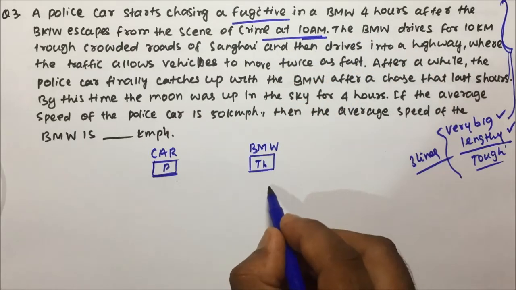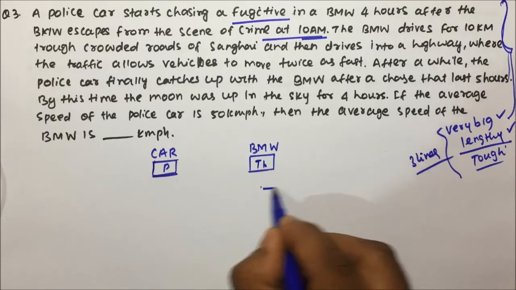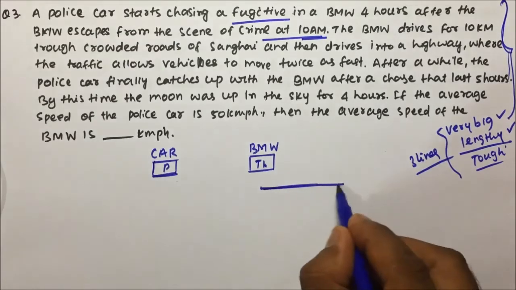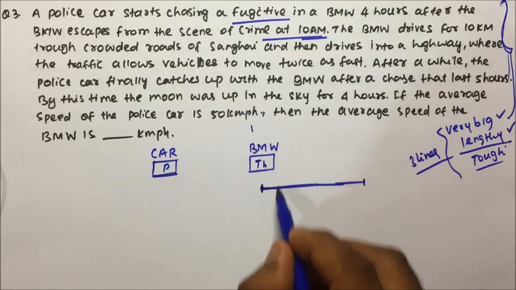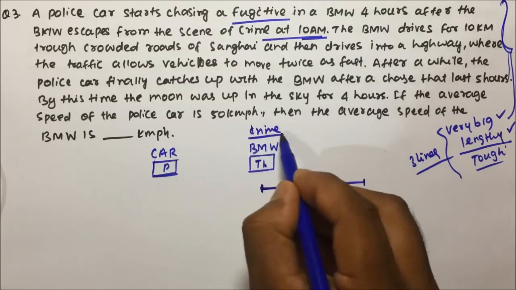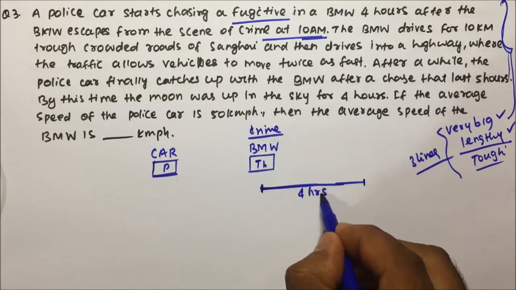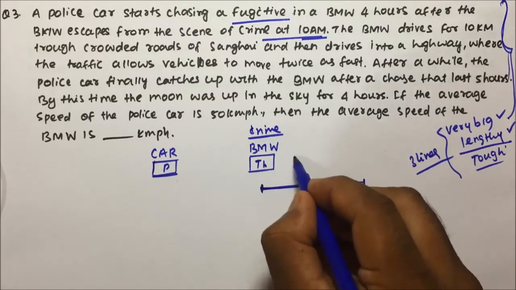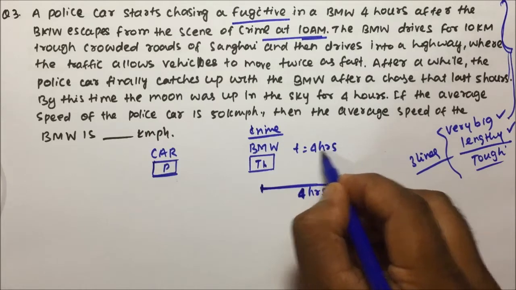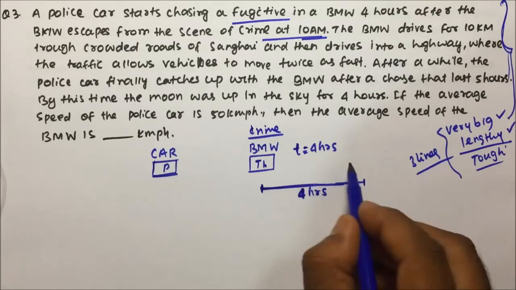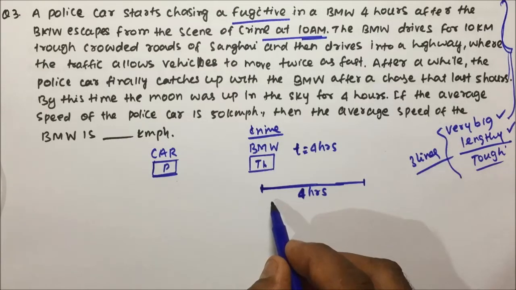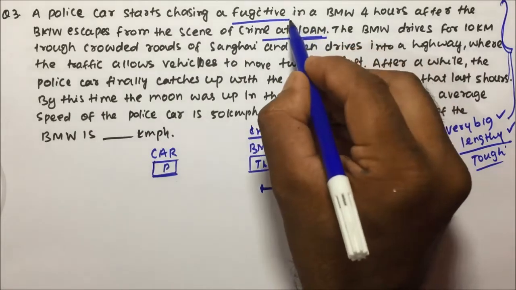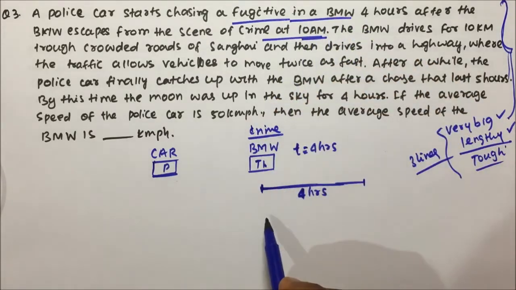So friends, suppose this is your crime place. The BMW has already traveled for 4 hours from the crime place, and at that time the police came to know that some crime has happened and a fugitive is in a BMW, and then the police start chasing.